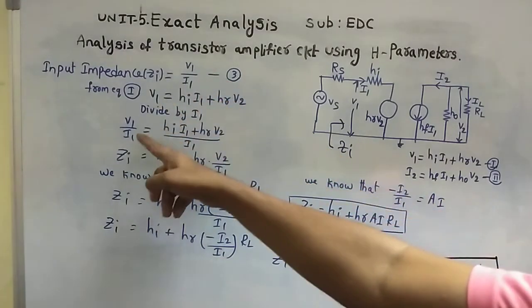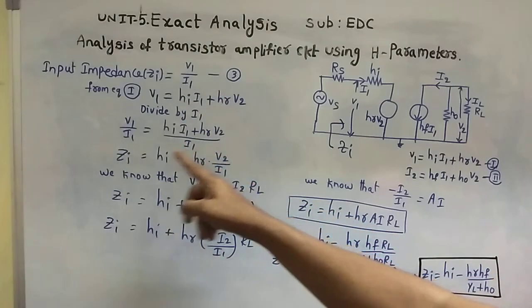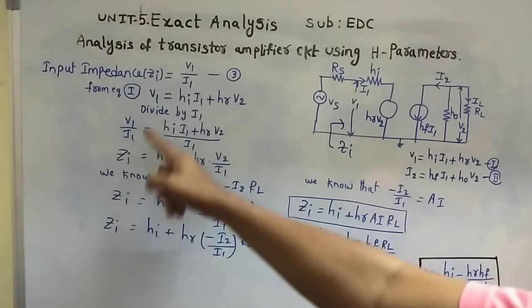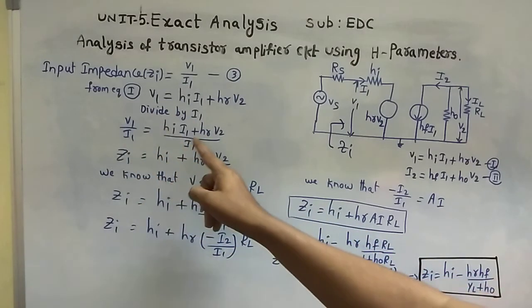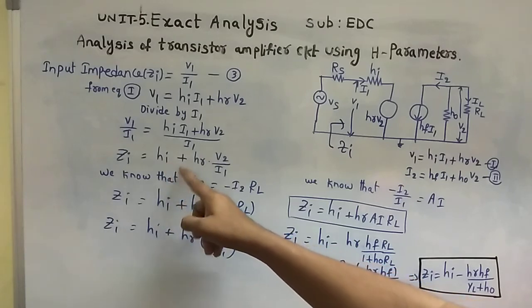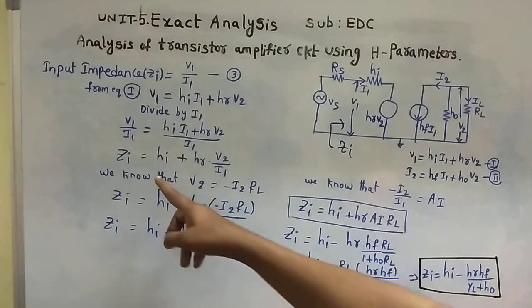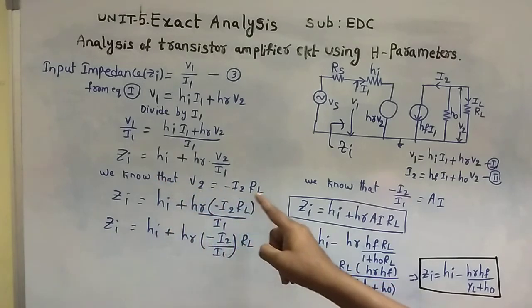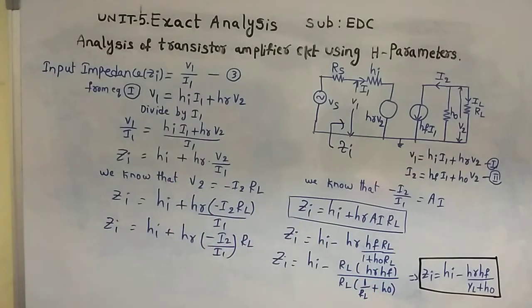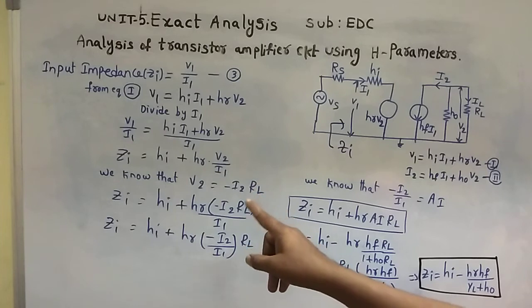So V1 by I1 is equal to Hi I1 by I1 plus HR into V2 by I1. V1 by I1 is nothing but Zi. Zi is equal to Hi, since I1 gets cancelled, plus HR into V2 by I1. Then we know that V2 is equal to minus I2 into RL; while deriving the current gain equation, we wrote that V2 is equal to minus IL into RL, with IL equal to minus I2.